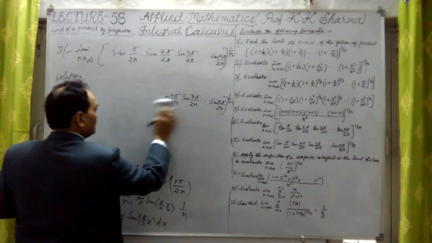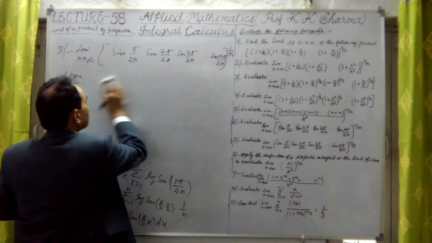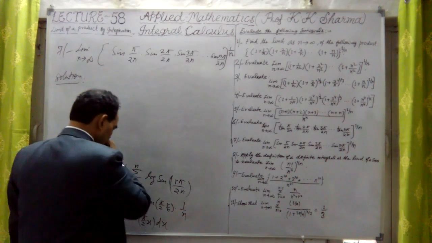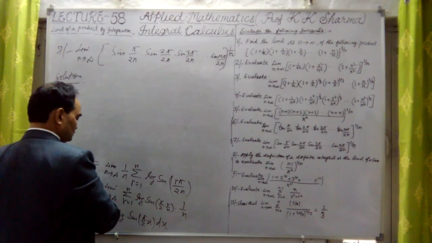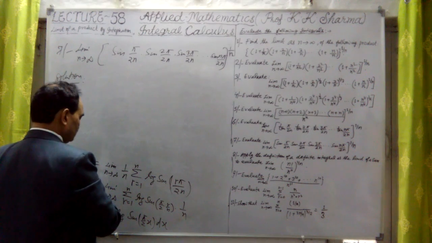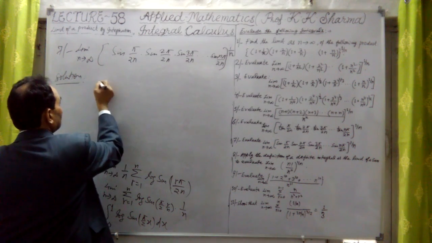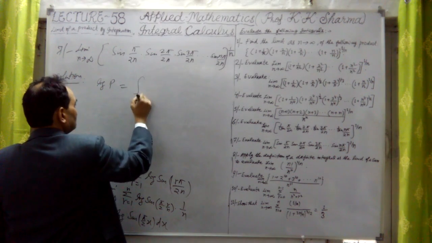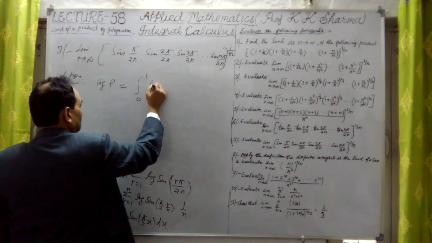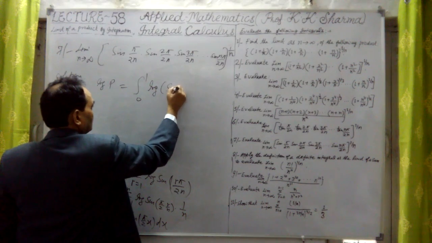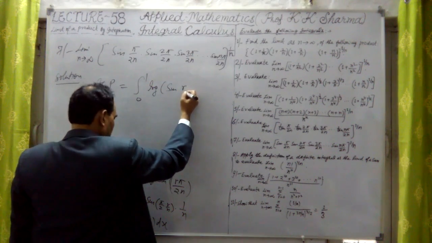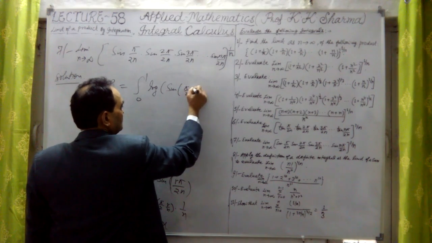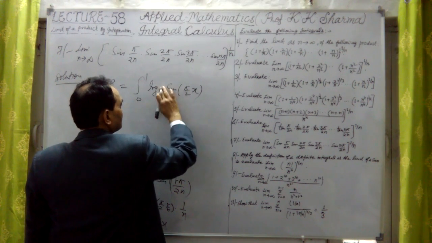Now substituting pi by 2 into x equal to t. So log p is equal to the integral from 0 to 1 of log of sine of pi by 2 into x, dx.